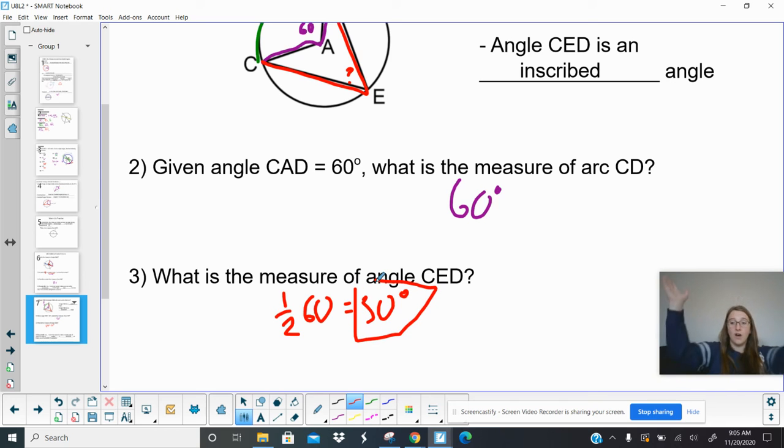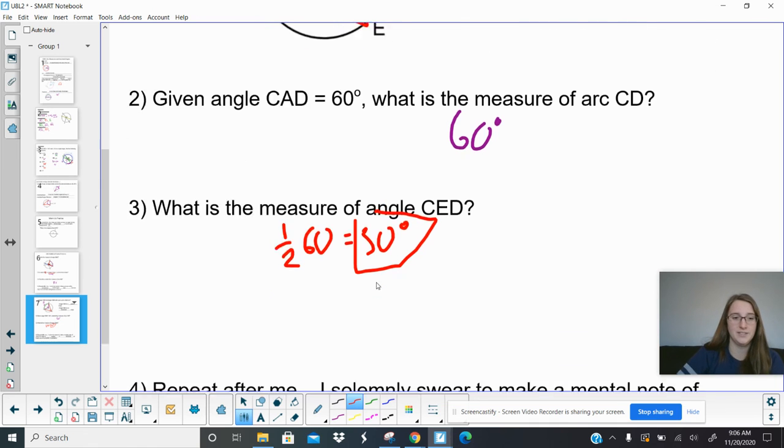Again, think, the arc is big, and then we have that little angle right there, so you can tell when you should be taking half or when you should be doubling something. We have the small angle and we're opening up to the big arc. That's a double relationship. If I have the big arc and I'm coming down to a small angle, we are halving it.